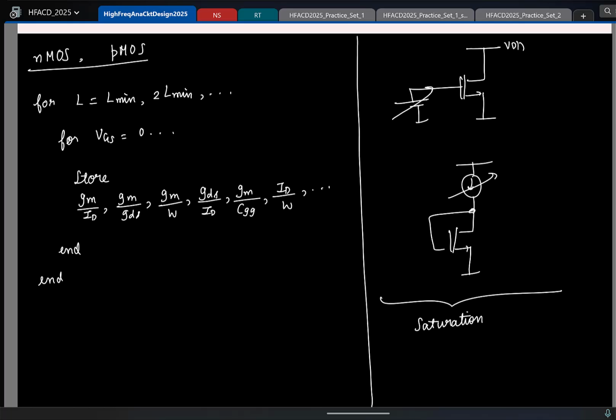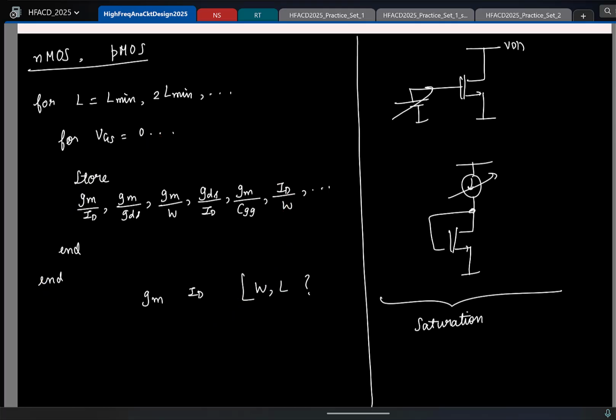Okay, let us say now I have created the lookup table. Now let's take a simple case. Let us say for a particular circuit you find a transistor must have a particular GM. Let us say from some other thing you also found the current ID. Now my goal is to find the width and length. Now tell me which parameter I know here.